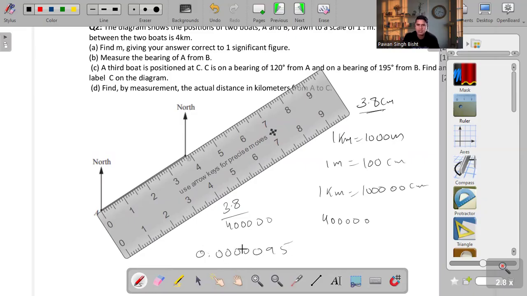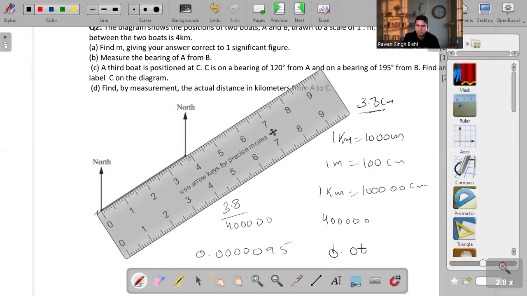Now they say give your answer to one significant figure. So if I convert it to one significant figure, how much will I get? This 95, we round up, so instead of 95, it becomes 100, right?